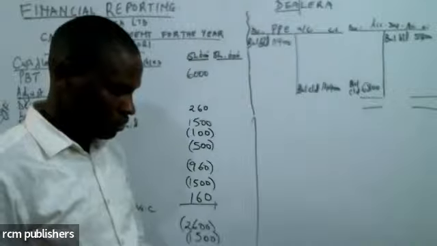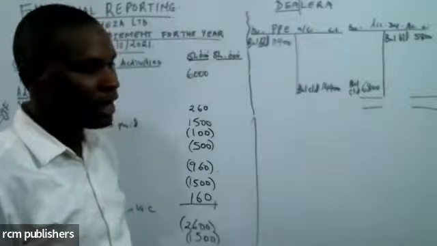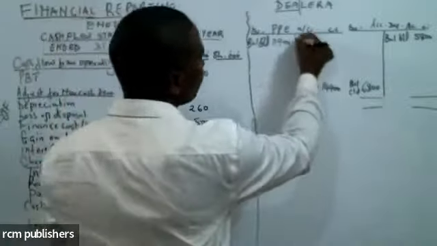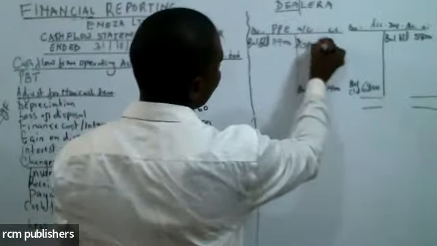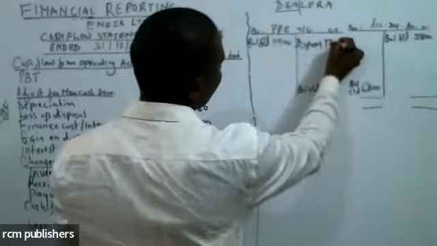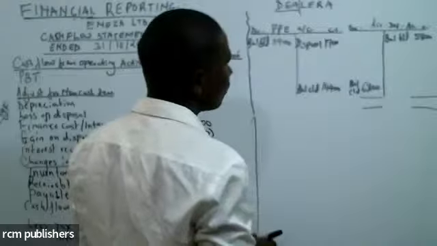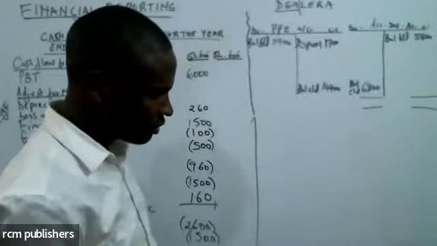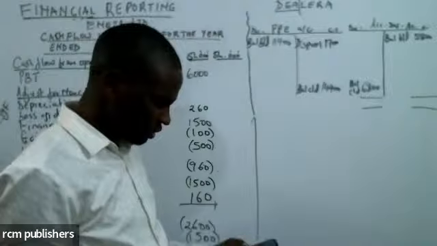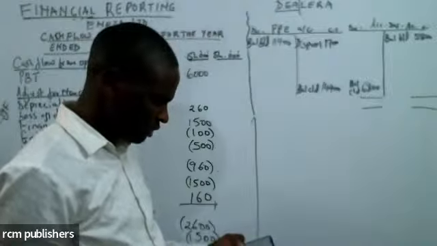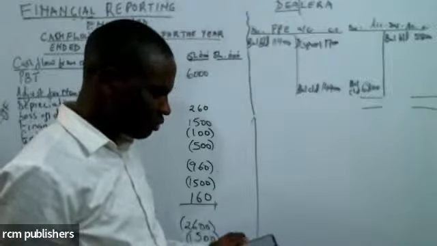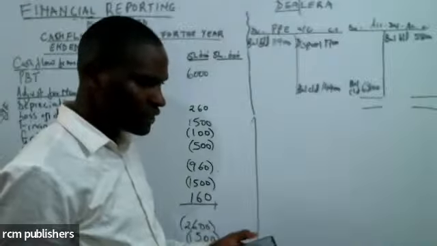1,700, that was the disposal. And did we have anything else relating to the property, plant, and equipment? Yes, revaluation. Can you look at the equity section?